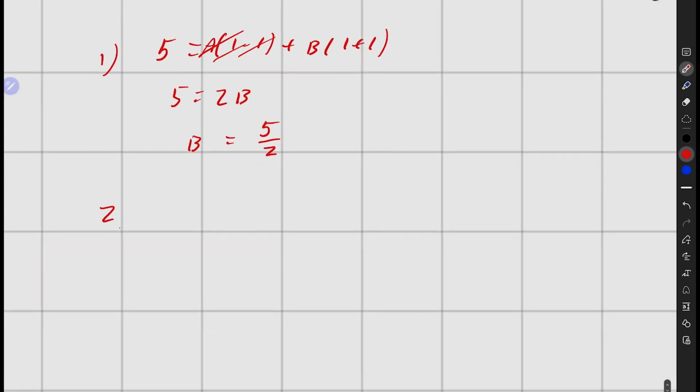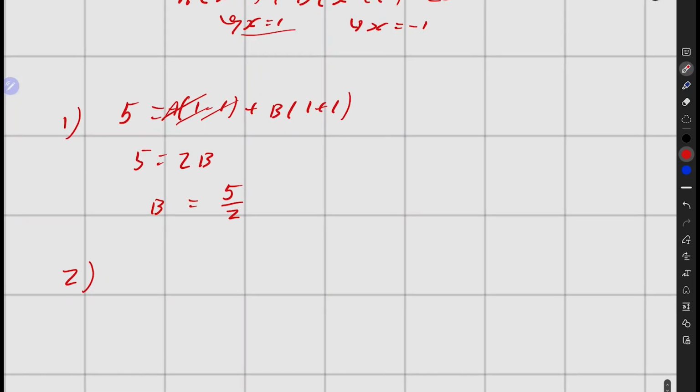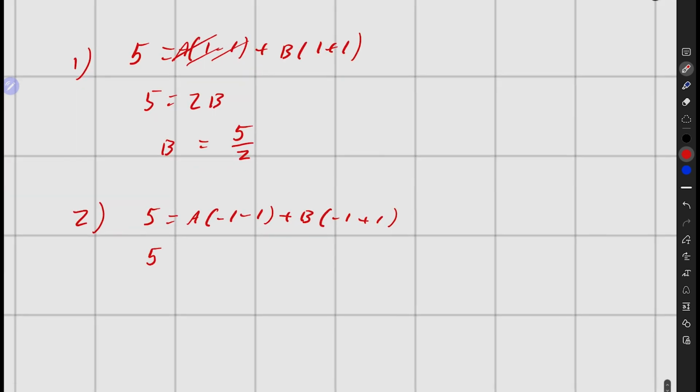And let's do the exact same thing, but with the second x value. So we're going to have x is equal to minus 1, 5 equals a multiplied by minus 1 minus 1 plus b multiplied by minus 1 plus 1. Solve for a. 5 equals minus 2a. b is going to go to 0, minus 1 plus 1 is 0, b is 0.